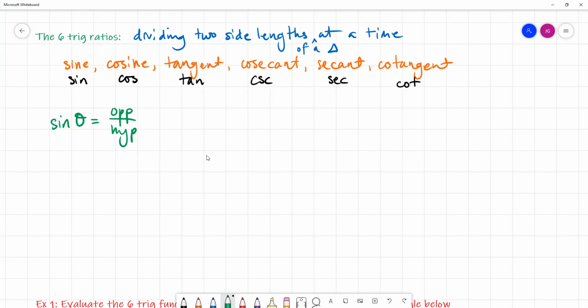I lied a little bit, I'm sorry, now that I think about it. Cosine of theta is the adjacent side divided by the hypotenuse. And then tangent of theta is the opposite side divided by the adjacent side.